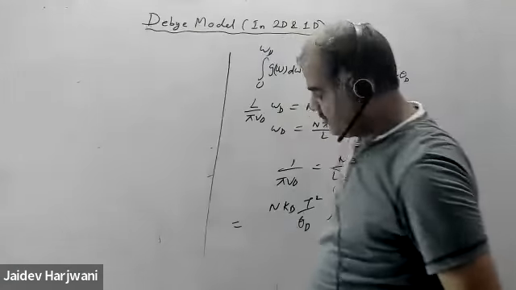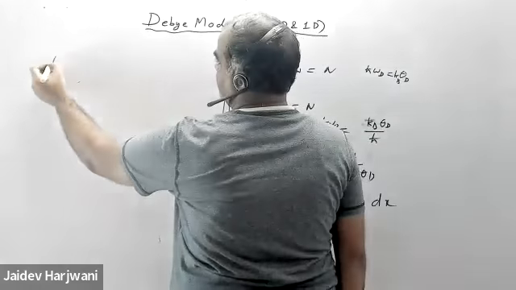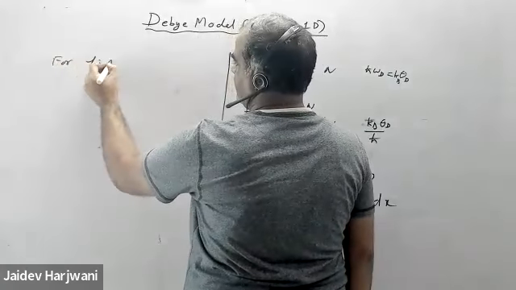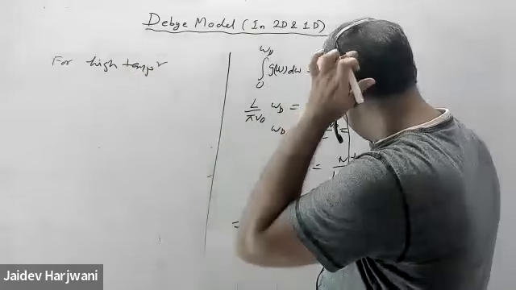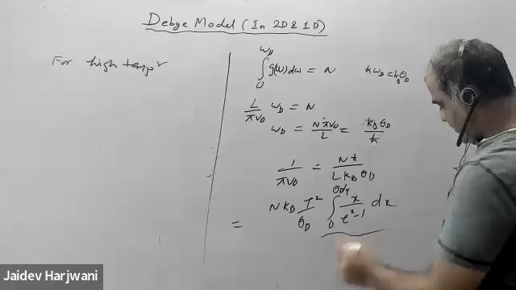Now you can solve it for high temperature. What is the value of x upon e^x minus 1?